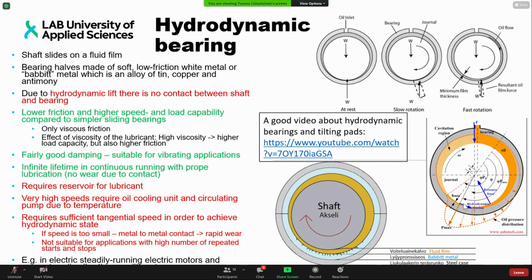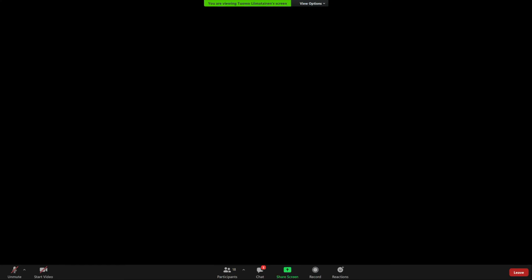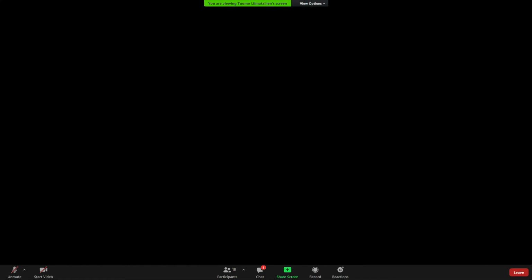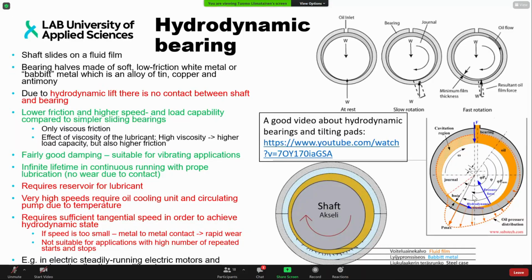There is an oil film between the shaft and the static part, and due to the tangential velocity in this contact area, the shaft doesn't touch the static part at all. So there's no contact between the shaft and the bearing. Of course, there is contact when you start it. When it's not running, your shaft is of course touching the bearing. But when you have speeded up to sufficient speed, then the shaft will rise onto the fluid film.